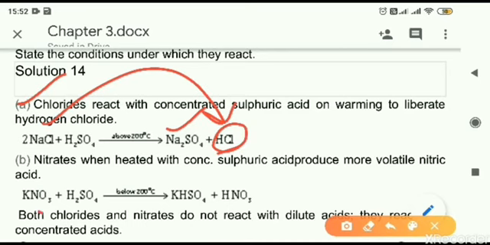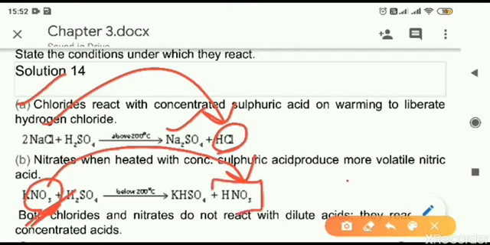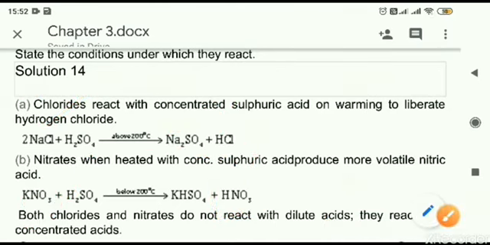In case we are using a nitrate salt, nitrate is NO3, as in KNO3, potassium nitrate. Because we are using nitrate, we will get the acid containing nitrate, that is HNO3, nitric acid. Both reactions are regarding chlorides as well as nitrates.